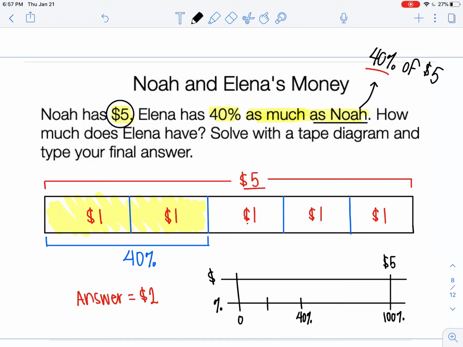So I'll split up my double number line into 5 groups. And you would do the same thing on top, and you would be counting by ones. Notice how the process is very similar, whether you're using a double number line or a tape diagram. And either way, you would get the same answer, 40%, still $2.